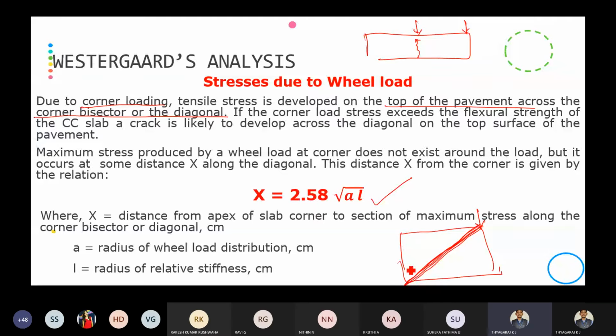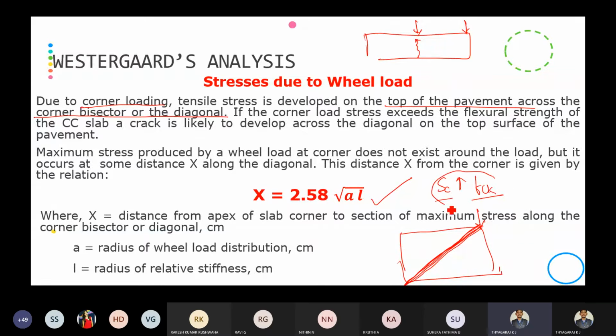The tensile stresses develop at the diagonal position if the corner load stress exceeds the flexural strength. So when the corner stress Sc is greater than the flexural strength fck, the crack is likely to develop in the cement concrete pavement.